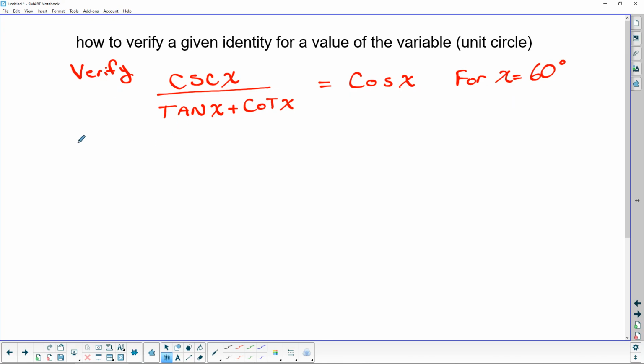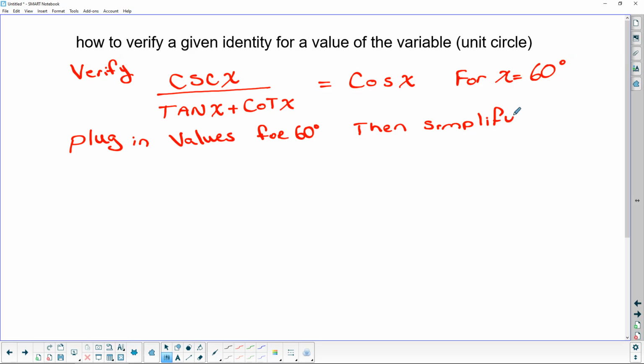So the strategy is we're going to plug in our values for 60 degrees and simplify both sides, and see if they're equal. That's kind of what we're going to try to do here.